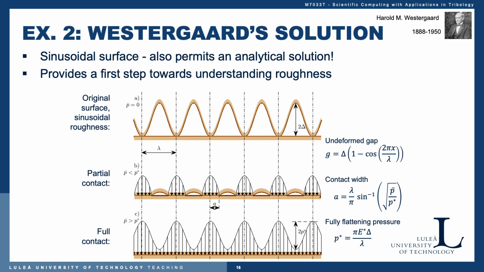Now he was able to obtain the contact width for each of the contact patches A, and he was also able to express this in terms of the pressure that fully flattens the surface when they are pressed against each other.